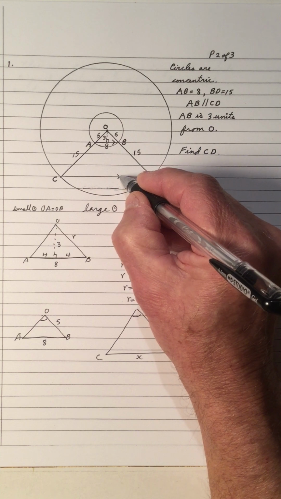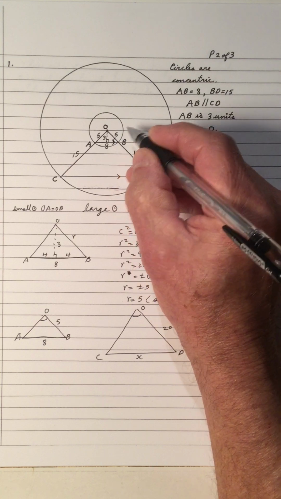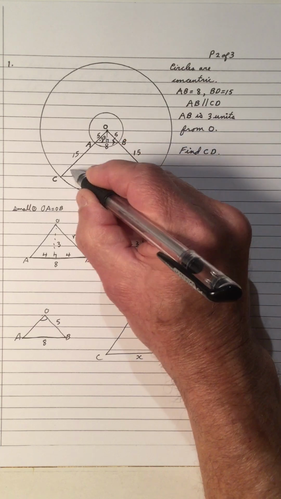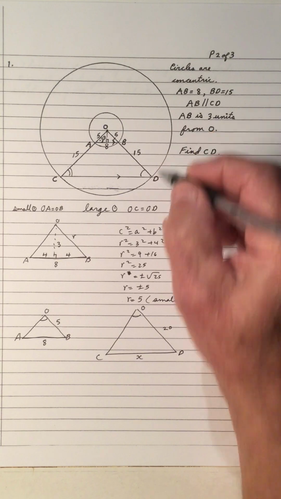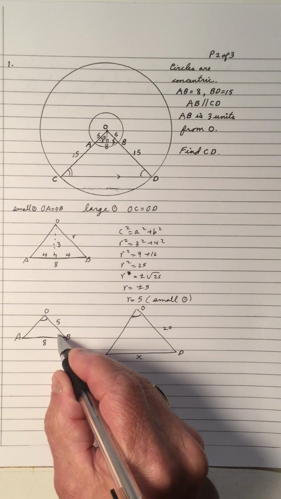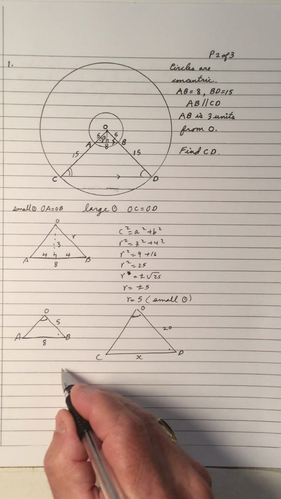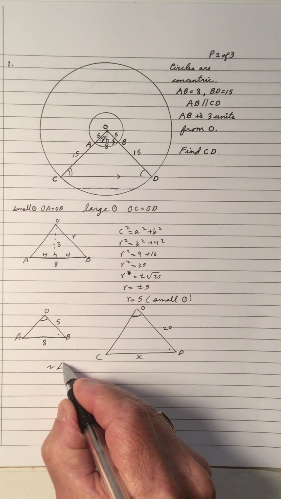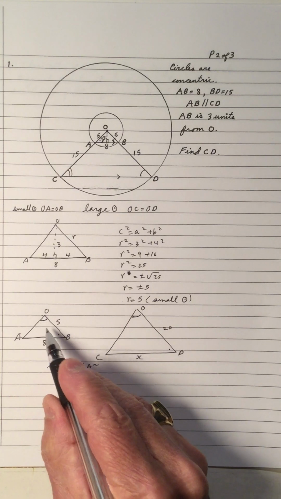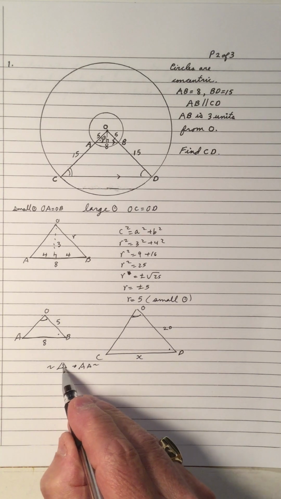Because these lines are parallel to each other, that means that this angle at D is equal to this angle at B. Or also, this angle right here at A is equal to this one at C. So these angles at O are equal because they're common, and this angle at B is equal to this angle at D. So we have similar triangles by what we call AA similarity. That is, if you have two angles in one triangle congruent to two angles in another, the triangles are similar.